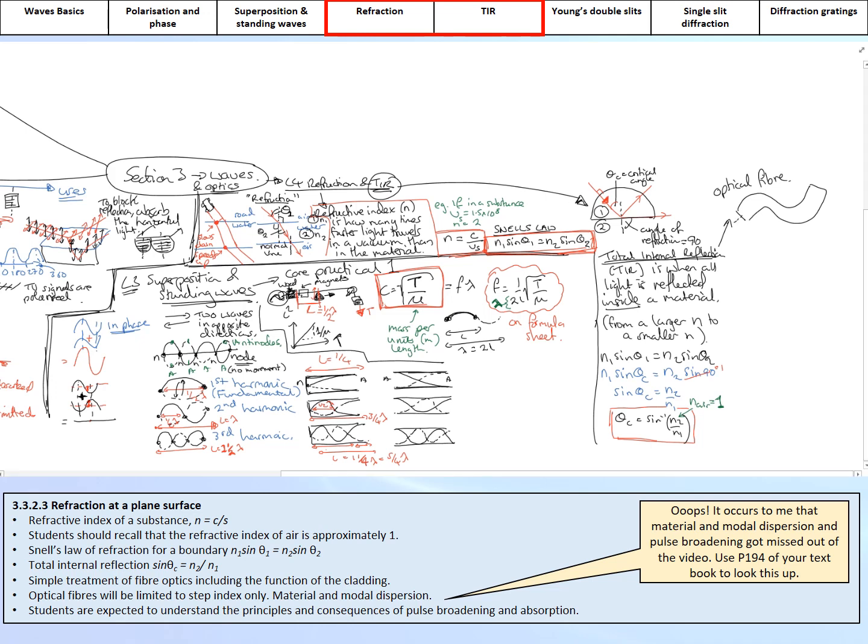Then the light, when it goes in, bends, reflects, and is transmitted along the optical fibre, as long as this angle here is greater than the critical angle, which we'll call theta c.